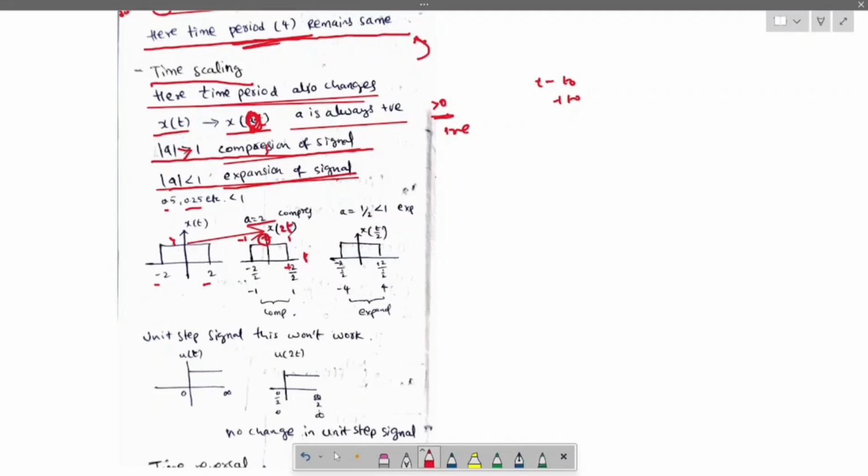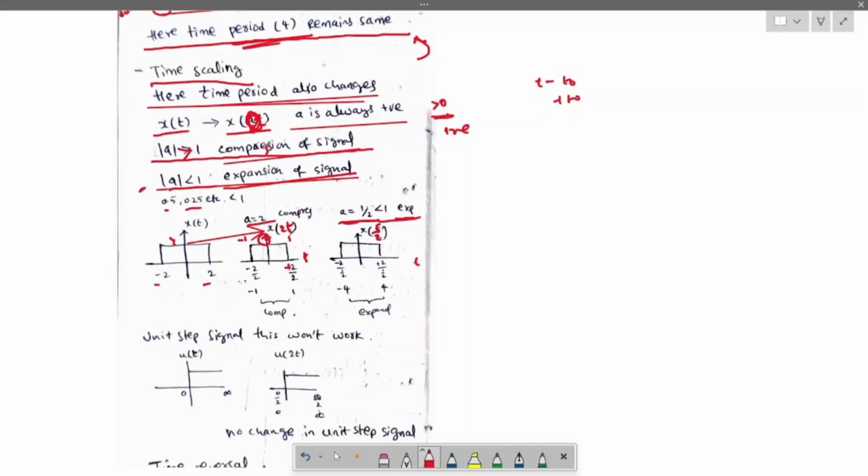Okay, now if a is 1 by 2, which is less than 1, from the theory the signal should expand. Now let us see it in the plotted graph. It is t by 2, right?